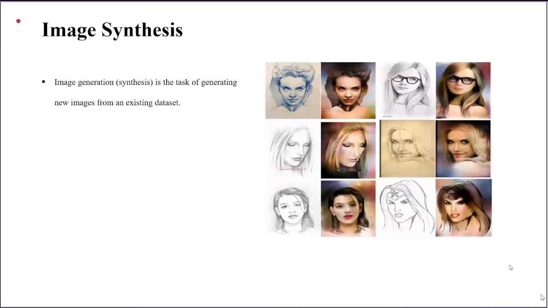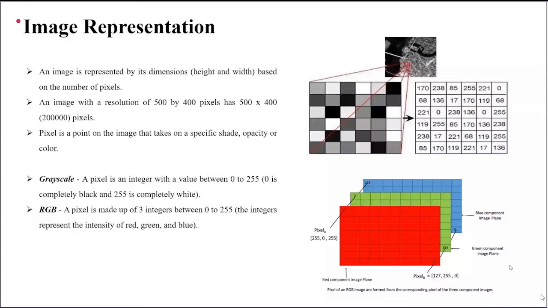So normally, CNN works better with images. If you consider an image, if it is a black and white or grayscale image, then the image will have some dimension, for example, 500 by 400. Then you may have some 2 lakh pixels. A pixel is nothing but the color of a particular point.